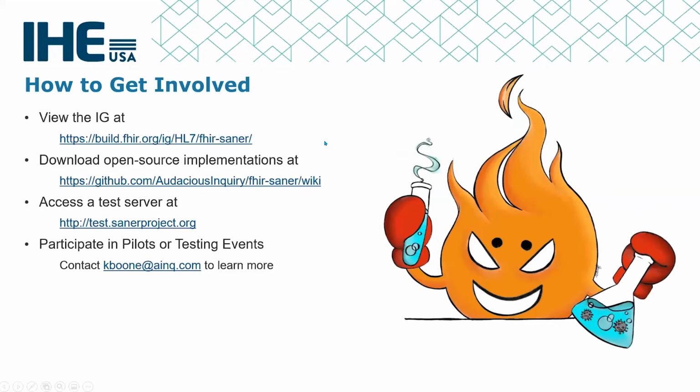So if you want to learn more about SANER or want to get involved, there's some links in the presentation here. So you can go take a look at the current draft of the IG. That's on build.fire.org. Some of the software that's been used here has been developed under open source license.